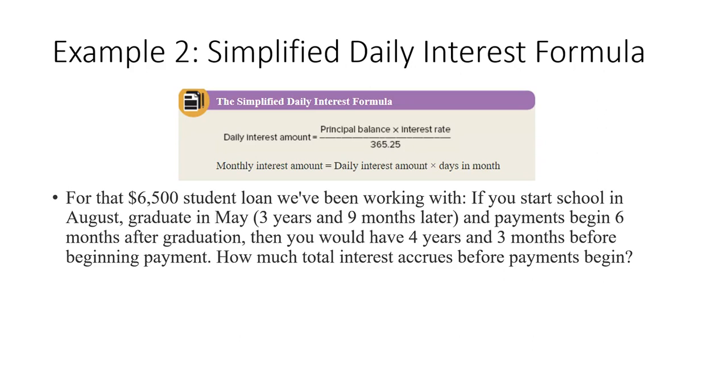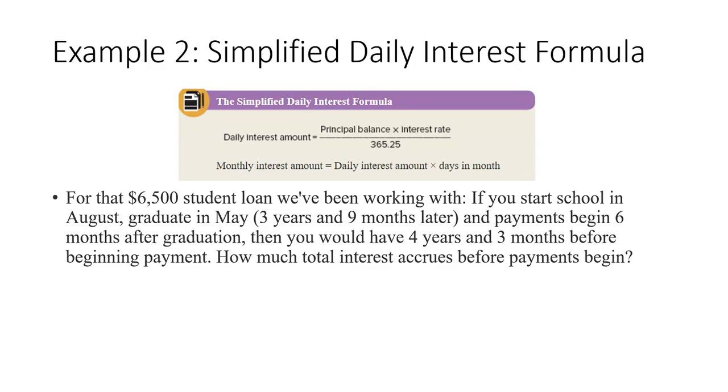So if we look at our $6,500 student loan, if you start school in August and you graduate in May, 3 years and 9 months later, and you begin payments 6 months after graduation, that means you've had 4 years and 3 months before you start beginning payment for your loan. So how much total interest will accrue before you begin your payments?